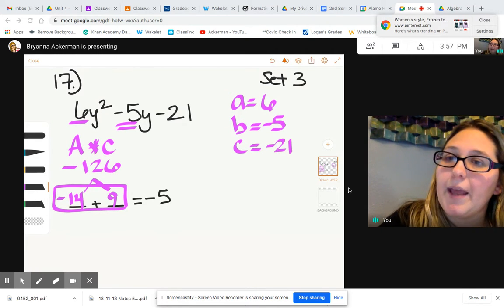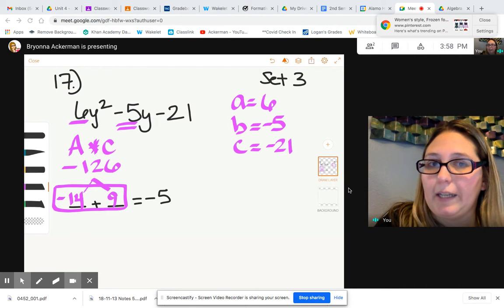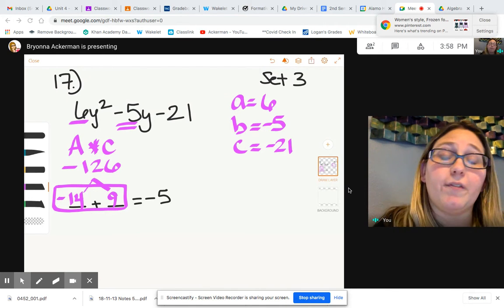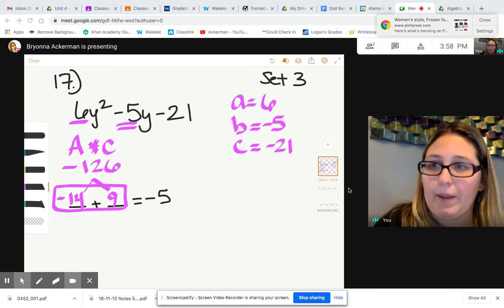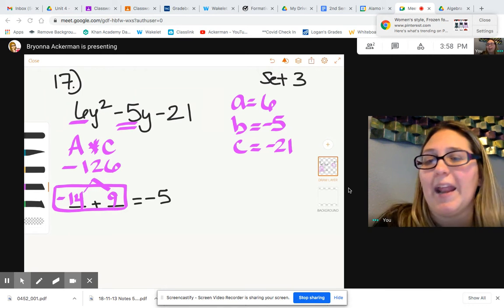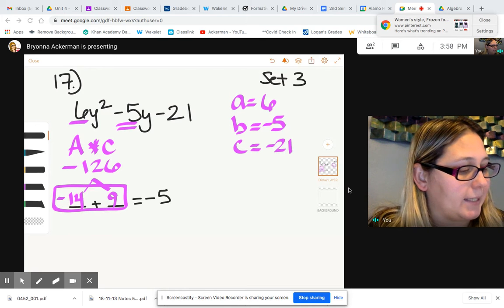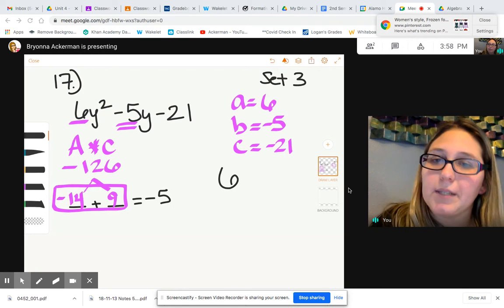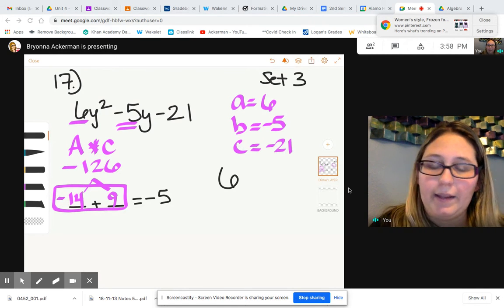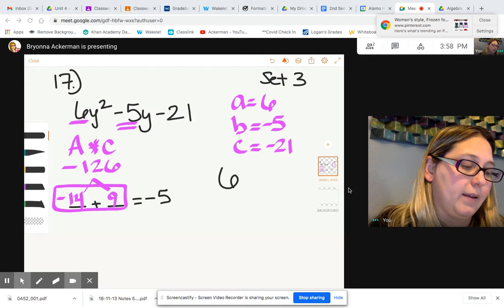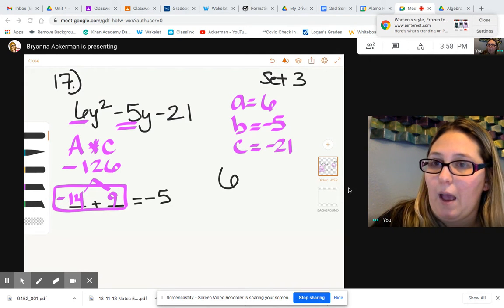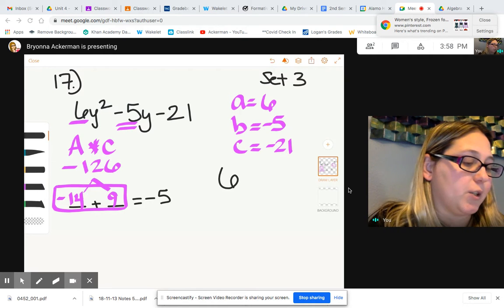The next step is to look at A. A is not 1. If A was 1, we'd be done, with the shortcut we learned last week, but A is not 1 in this case, so it's a little harder. A in this case is 6. Sometimes you can just divide both of these by A and then simplify. Let's try that out.